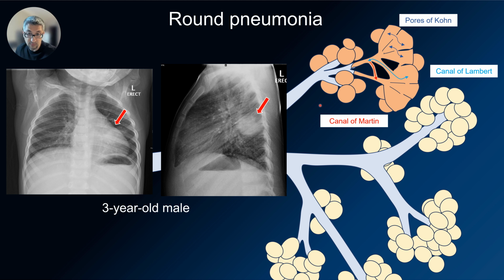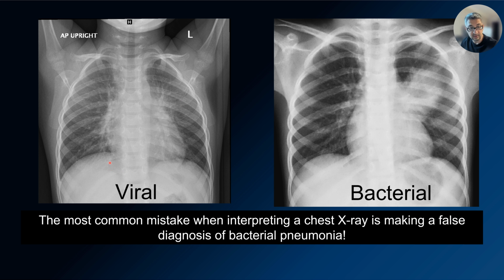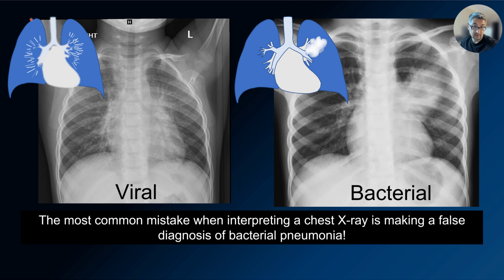So we have the viral pneumonia with typical perihilar peribronchial inflammation, and we have the bacterial infection with typical airspace opacity or consolidation. These are the patterns that I draw.